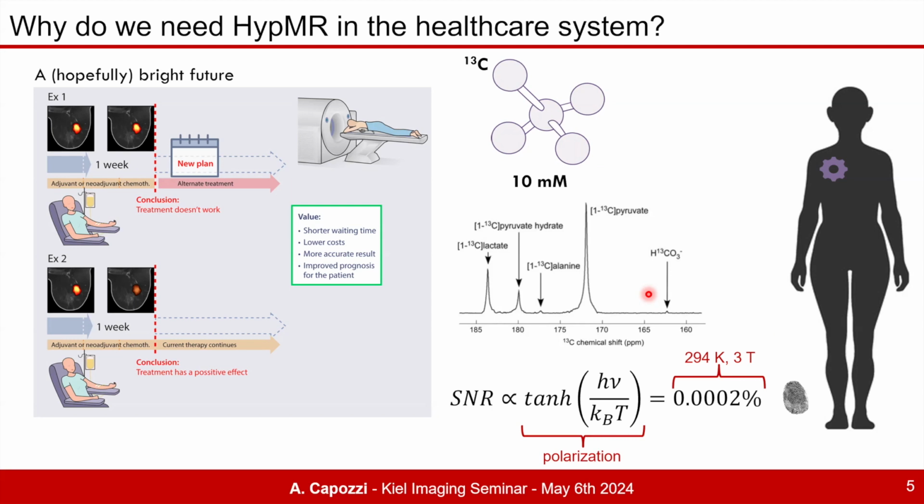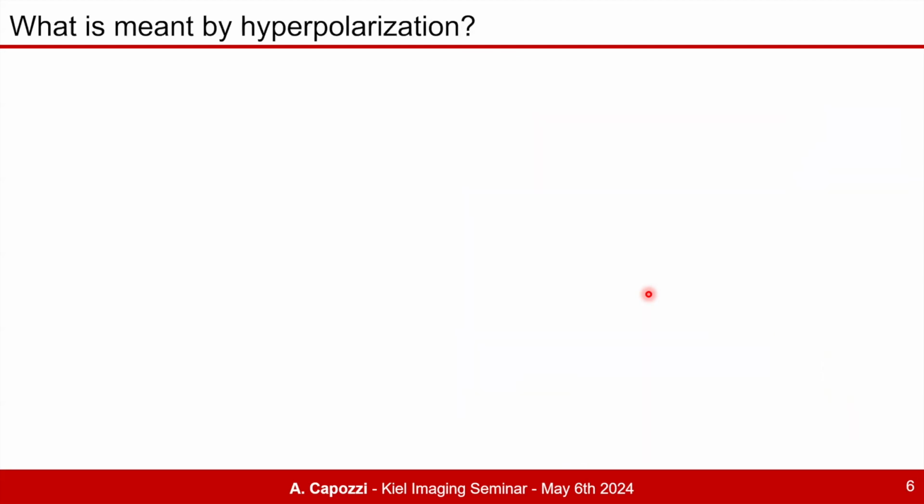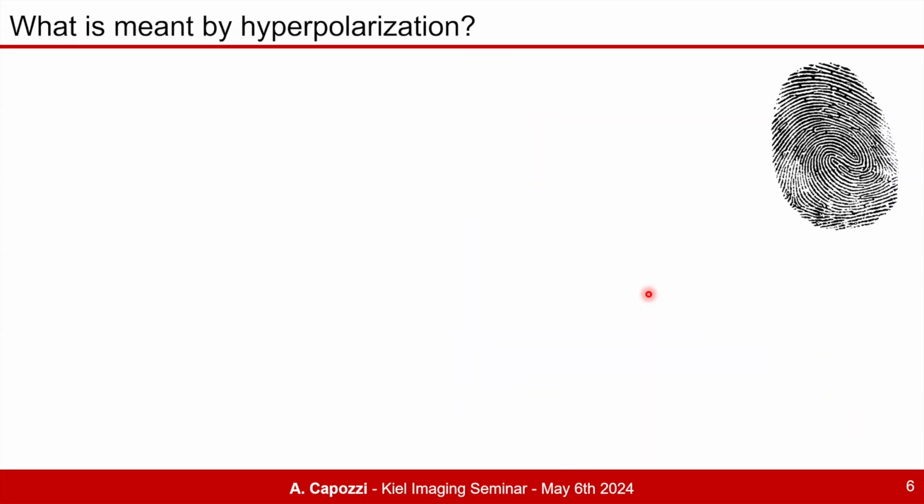So we end up with a fingerprint of the metabolism of cancer cells that is very peculiar, but at the same time is very small. So the question is, is there a way to enhance this signal, so to improve the SNR and to be able to follow the metabolism of cancer cells in real time to assess a very accurate diagnosis of the pathology?